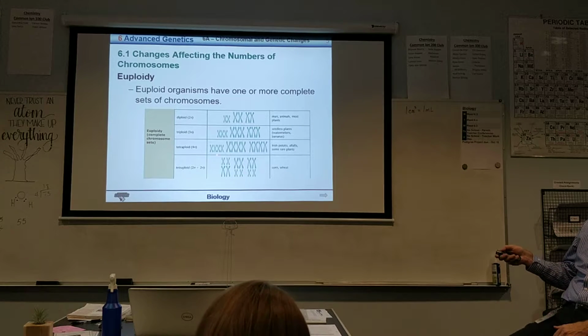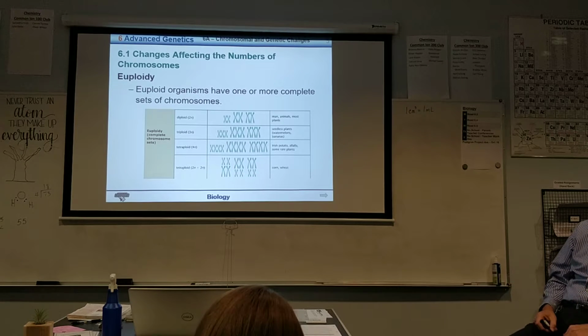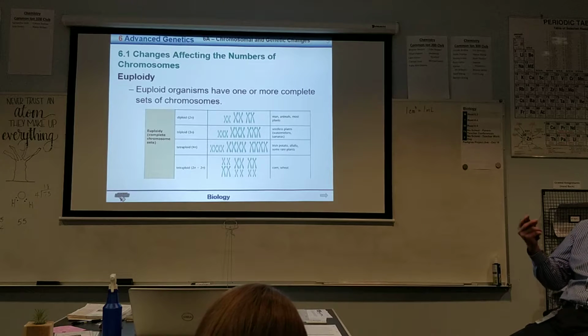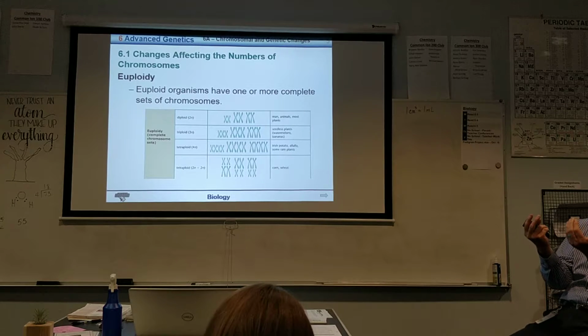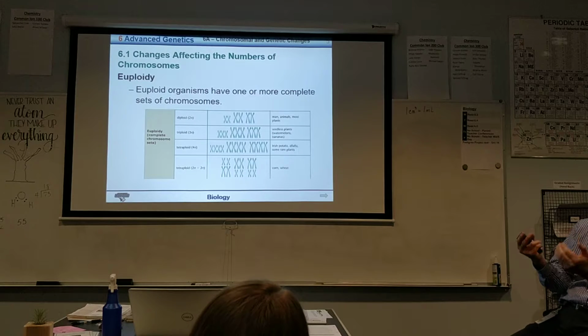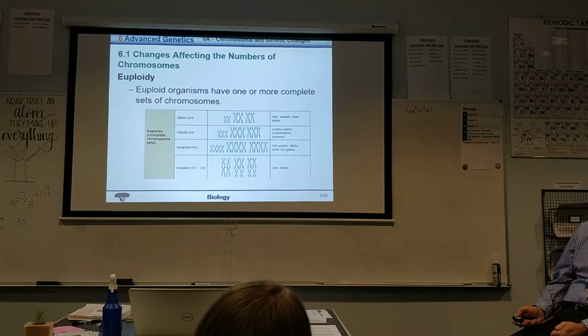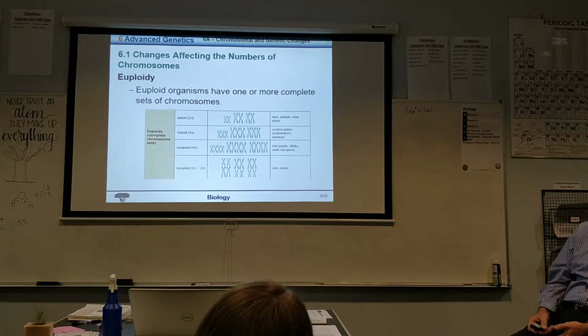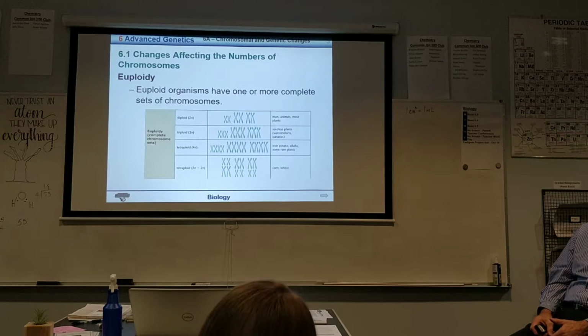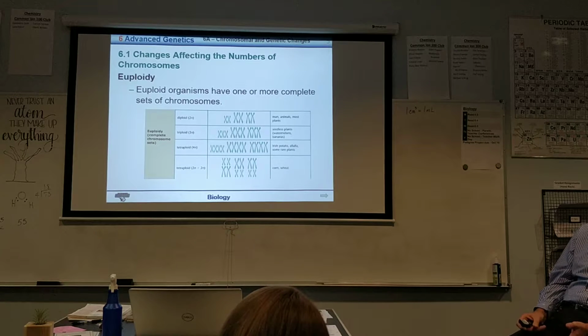Like this set up here is 2 of every kind, and this set down here is 2 of every kind, and so we end up with 4, but we have 2 different sets of 2 being put together to give 4. Corn and wheat are examples of plants that have this kind of set of chromosomes. Corn we grow around here. Any questions?